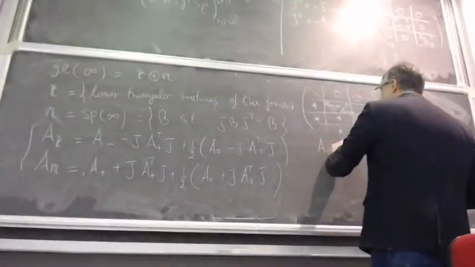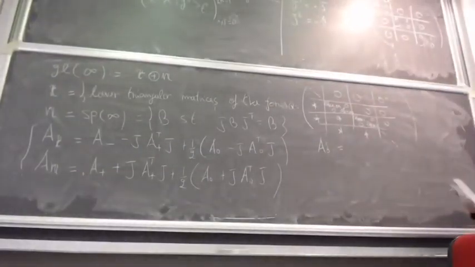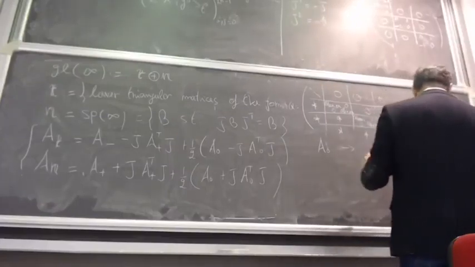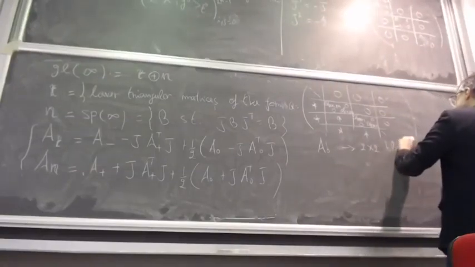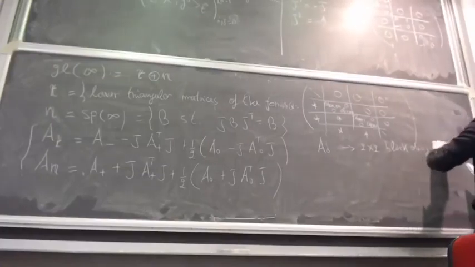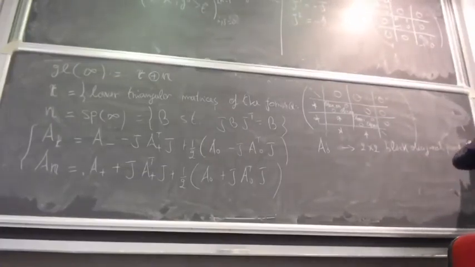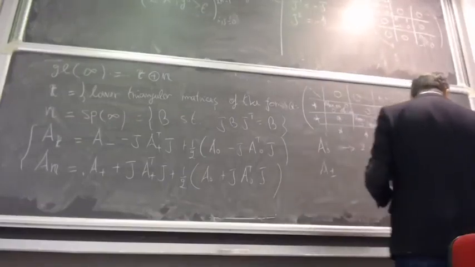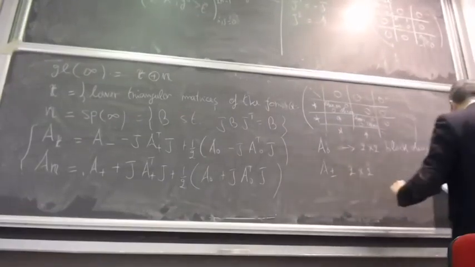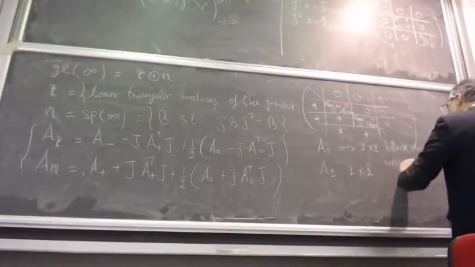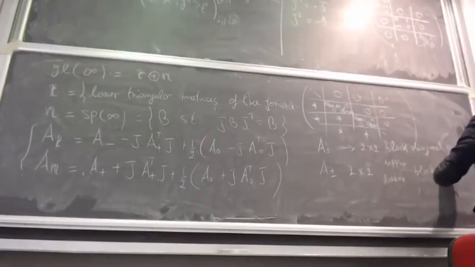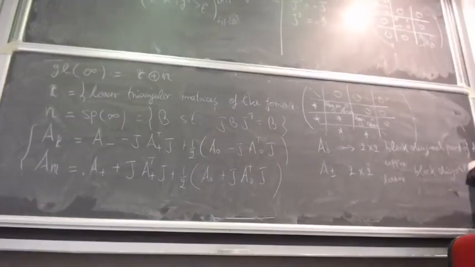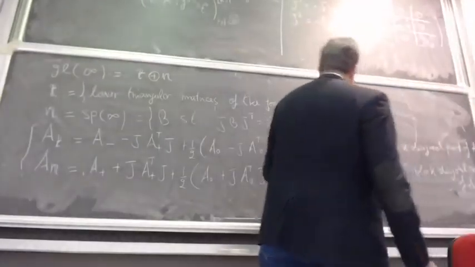Here the subscript 0 identifies the 2 by 2 block diagonal part of A, and A plus or minus is the 2 by 2 upper or lower block triangular part of A. Okay, so this is the definition.